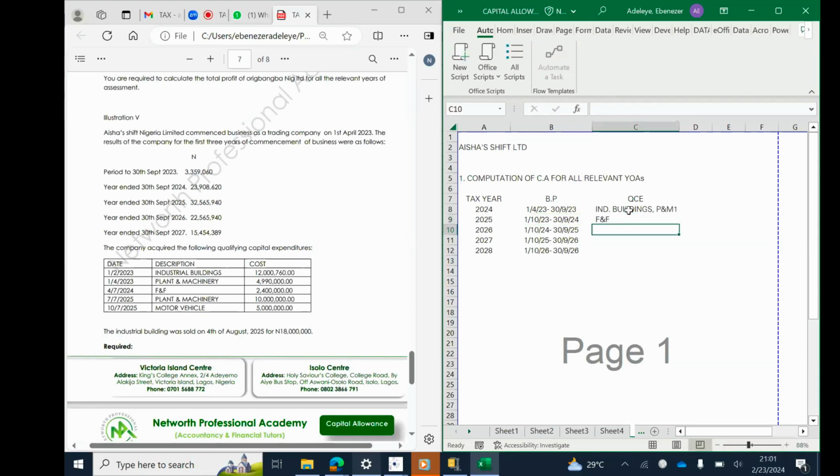Am I correct, please? So please be checking what I'm doing. The second plant and machinery was acquired 7th of July 2025. So where will it be? Let's look at the basis period. 7th of July will have been in between this place. Plant and machinery two.